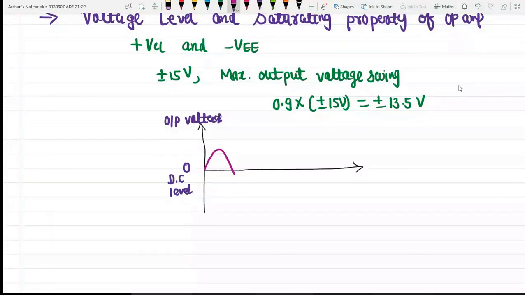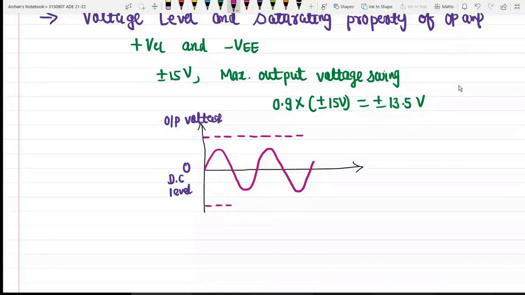The magnitude may be any. The output will saturate between these limits, ideally plus VCC and minus VEE.